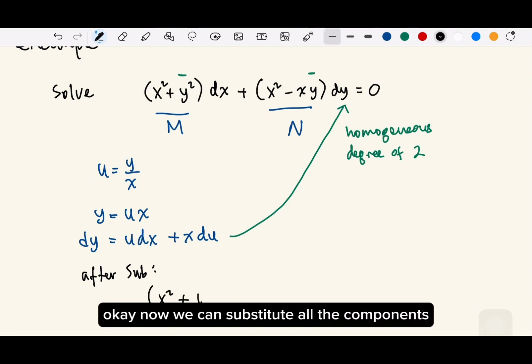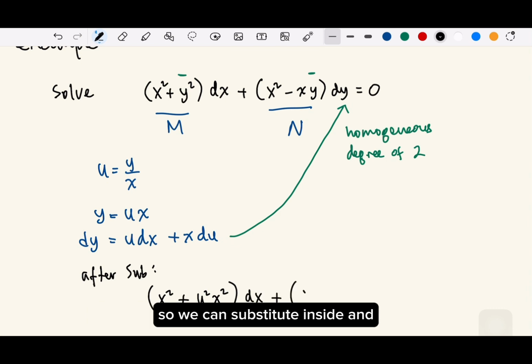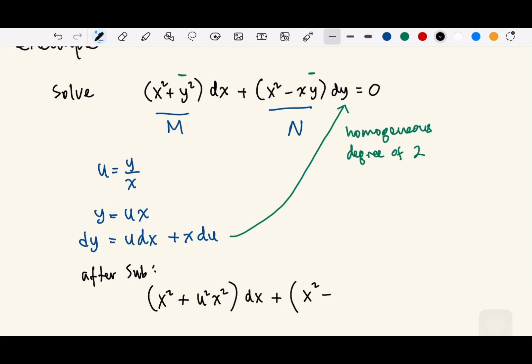Okay, now we can substitute all the components. So we can substitute y equal ux and also dy. Okay, so we can substitute inside, right?